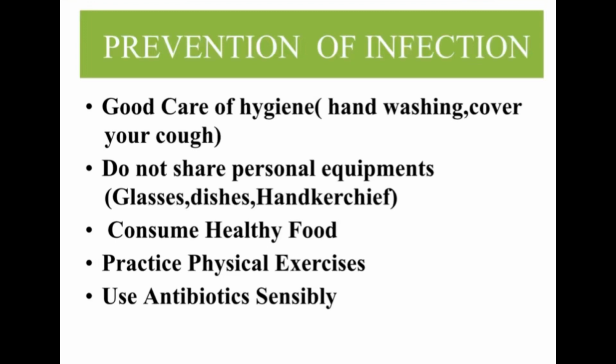Consume healthy food, which is very important. If you are eating healthy and your lifestyle is good, you are able to fight any infection because your body is healthy and disease free. Practice physical exercise and use antibiotics sensibly, meaning only if they are prescribed to you, otherwise not.